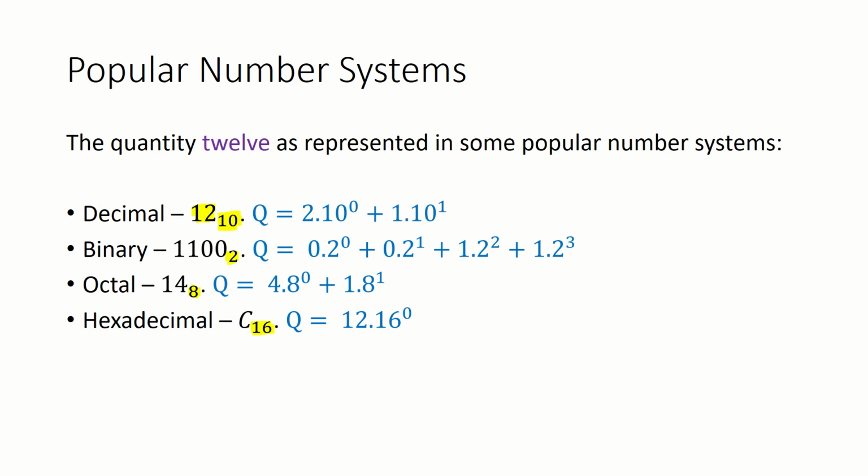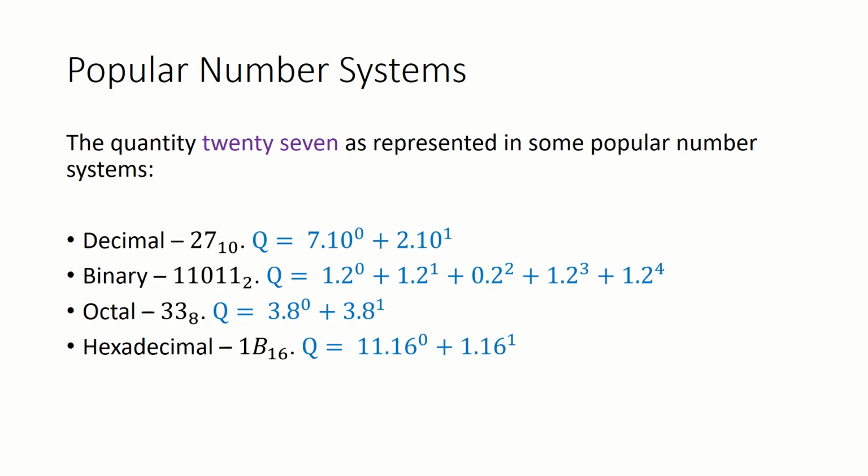So, this is how a particular quantity is represented in popular number systems. However, we need a particular algorithm in order to know what number would represent that particular quantity. We have already studied, if we are given a number, how we can extract that quantity.